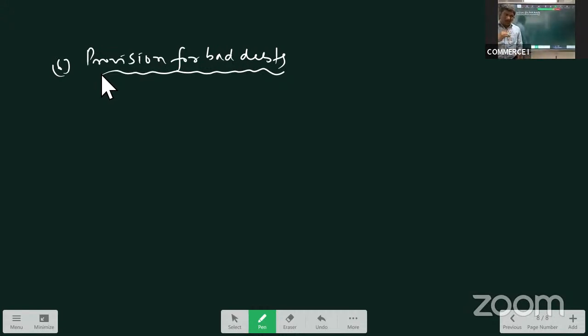Bad debts are the actual loss that has occurred. The party is not in a position to pay, or the party has absconded, and that amount is 100% a loss. But provision for bad debt is, out of our past experience, we anticipate that, because it generally happens in any business, 100% amounts are not realized.